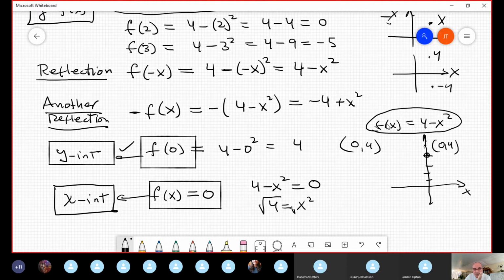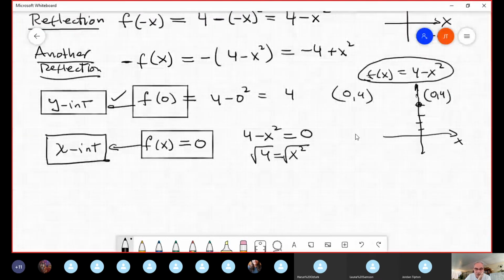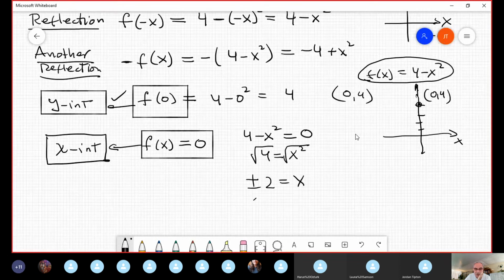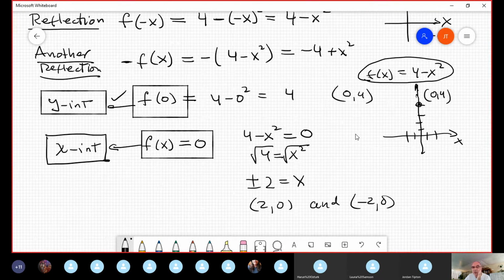Apply the square root to both sides, and we have two solutions, no? It's plus or minus 2. Therefore, we have 2 points, 2,0 and minus 2,0. These are the x-intercepts. Let me see, 1, 2, 1, 2. Positive 2,0 and negative 2,0.